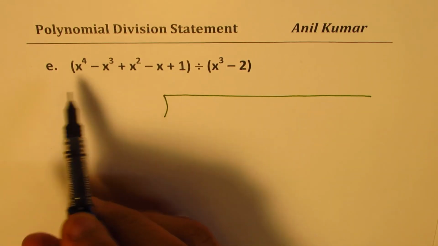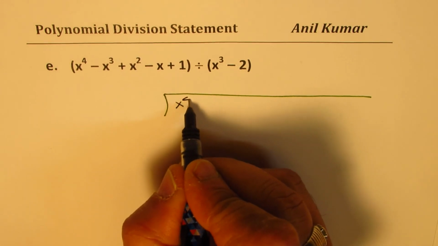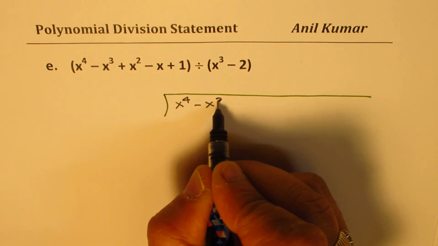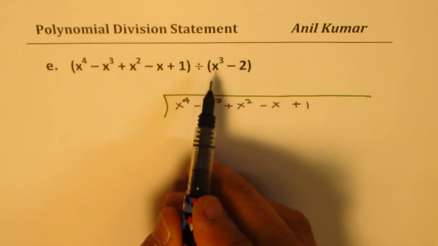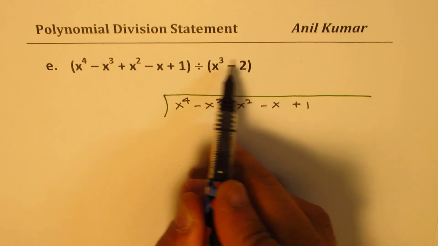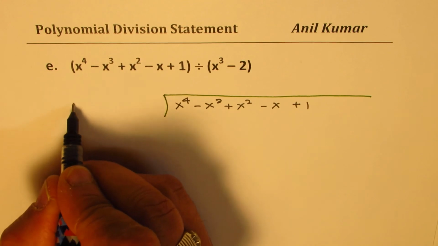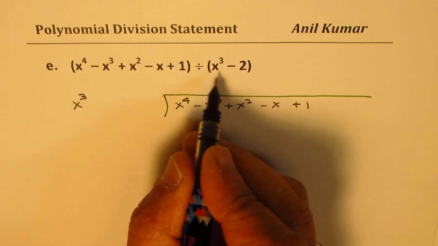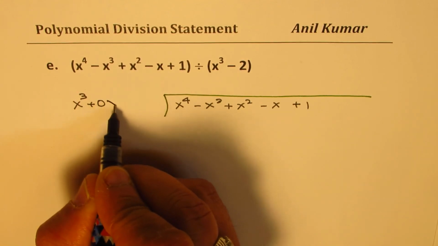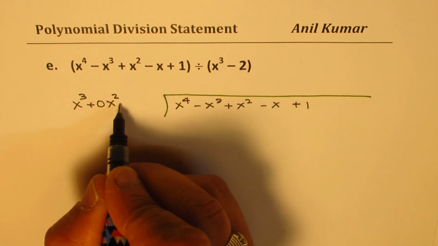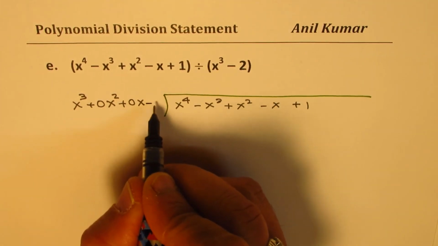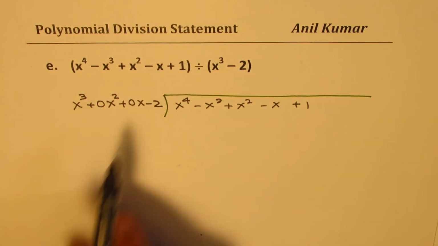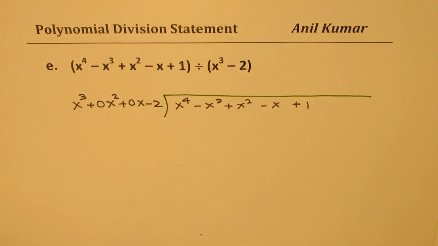It has all the terms in it, x to the power of 4 minus x cubed plus x squared minus x plus 1. However, the divisor has a couple of terms missing. We do have x cubed, but we don't have x squared. So we'll have to have a placeholder here. Even the x term is missing. That will also go with a placeholder and then minus 2. So that is kind of important to understand, right?